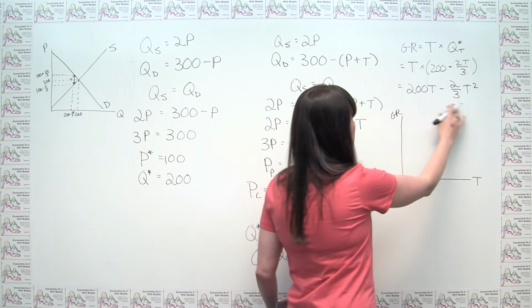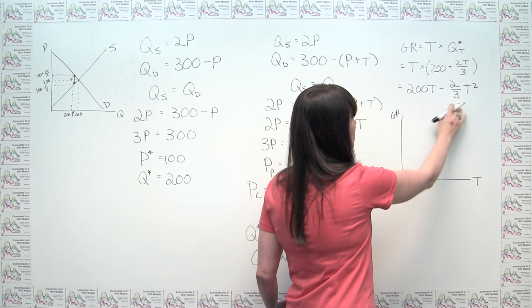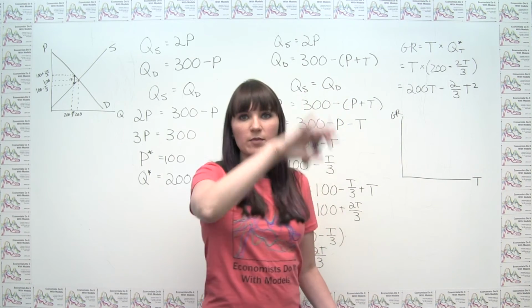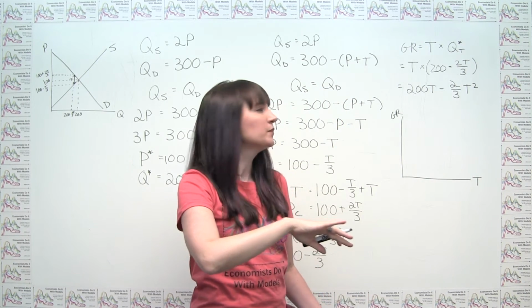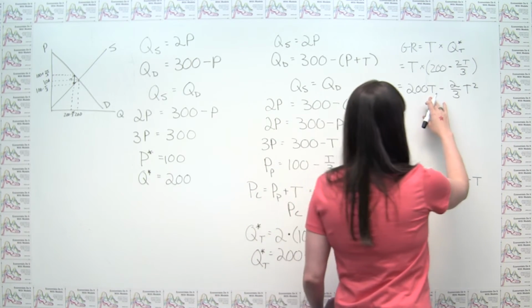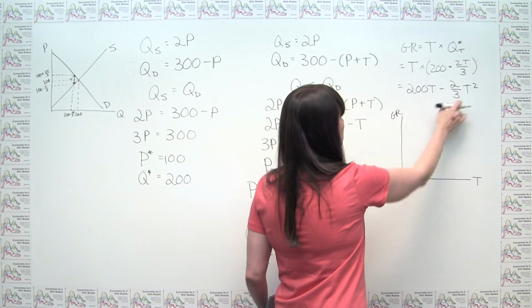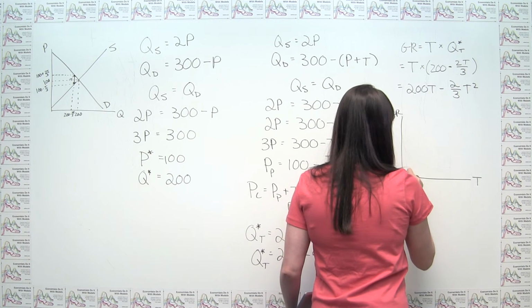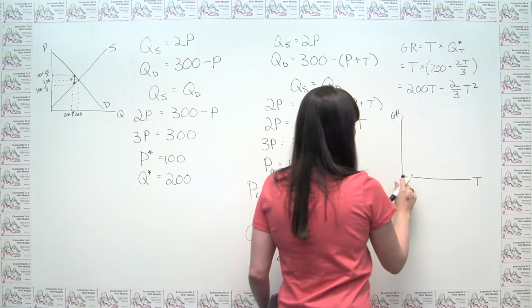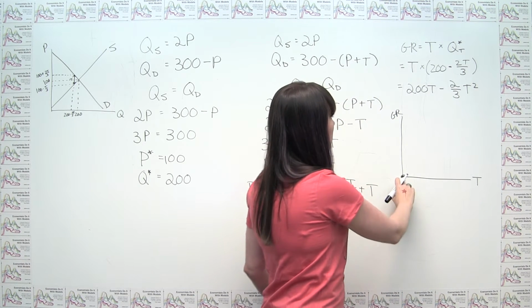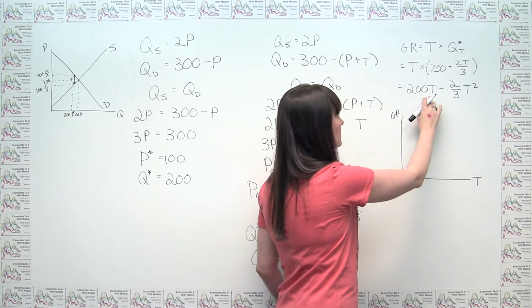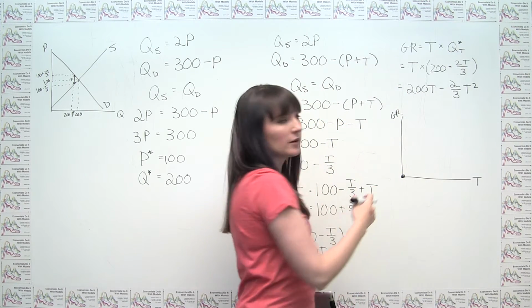And we're going to see, because the coefficient on T squared is negative, that we're going to get a parabola that opens downward. And we also notice that because there's no numerical constant in this, the graph is going to start at the origin. Because obviously if the tax was 0, the government revenue would be 0.